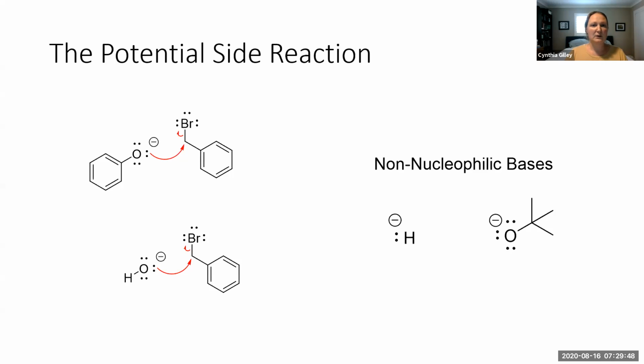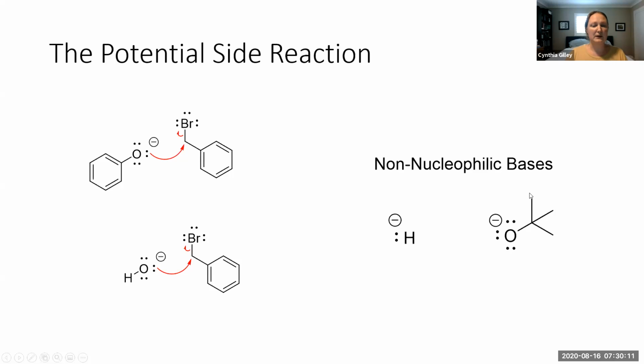So what can we do? We can use a different base that's essentially non-nucleophilic. So for example, sodium hydride. We already talked about the fact that hydride is a non-nucleophilic base. It is not polarizable enough, because it's a very small atom, to act as a good nucleophile in a nucleophilic substitution reaction.